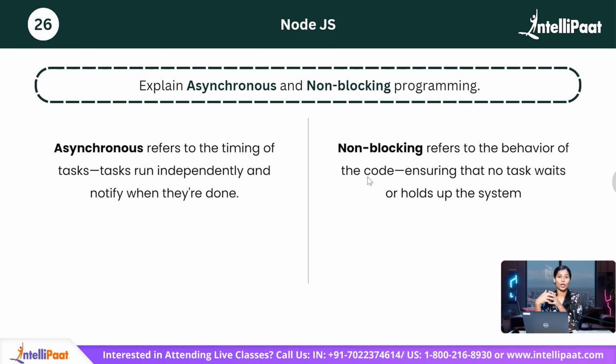It's like when you're using your mobile phone and some app is updating or installing. That's non-blocking. That update is happening in the background and not interfering with the other tasks you're doing on your phone. Asynchronous is the timing: when it's done, Node.js notifies you that, okay, this is done, you can go and check on it.